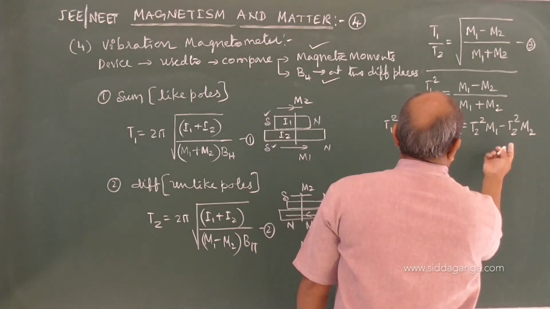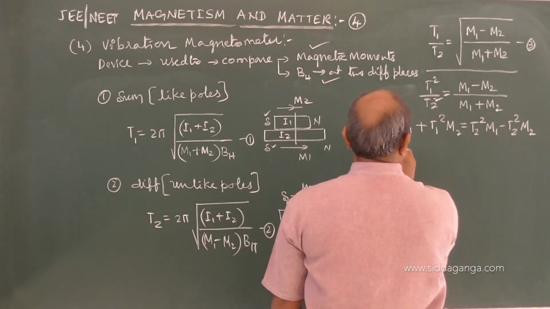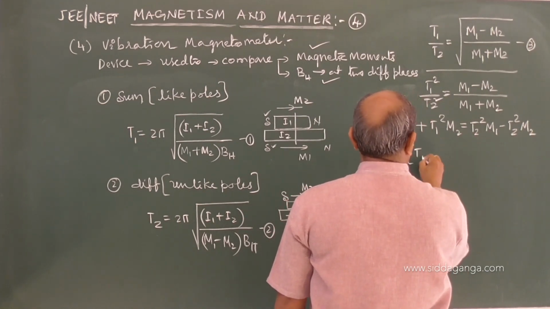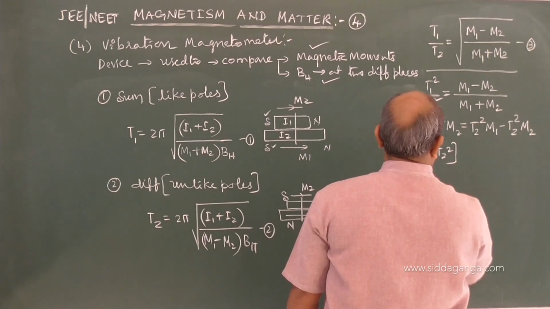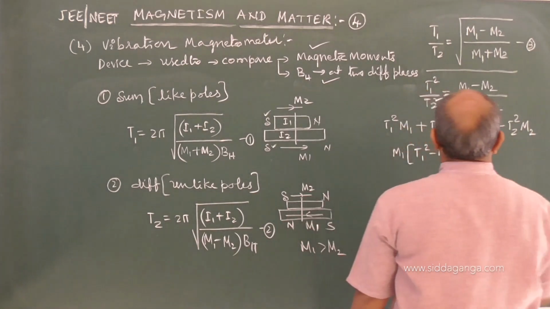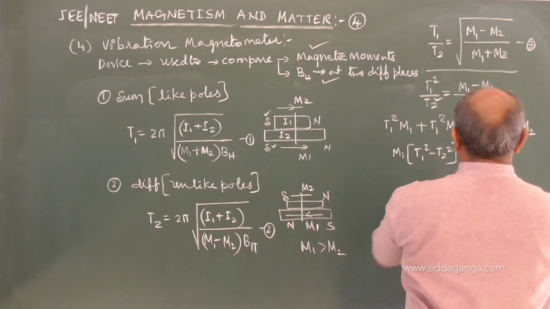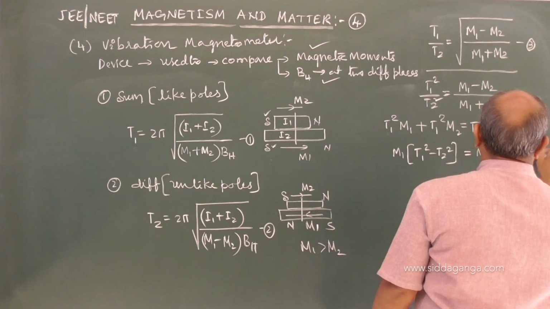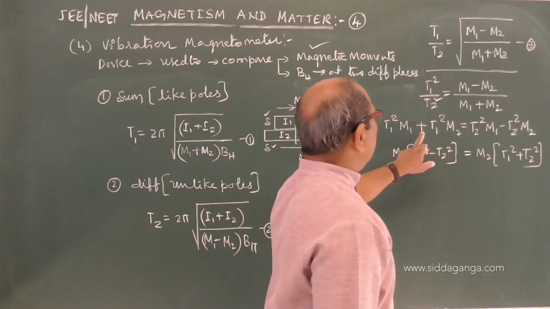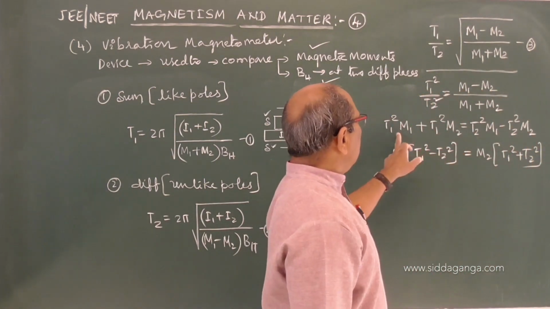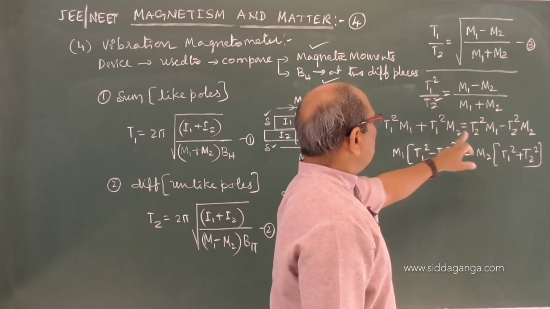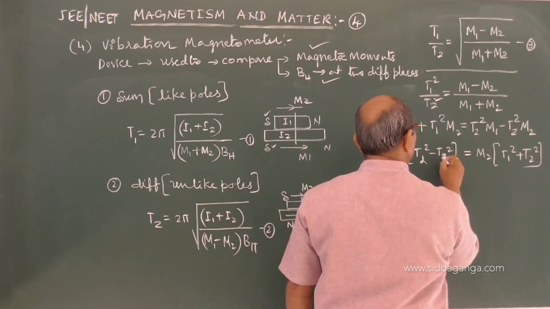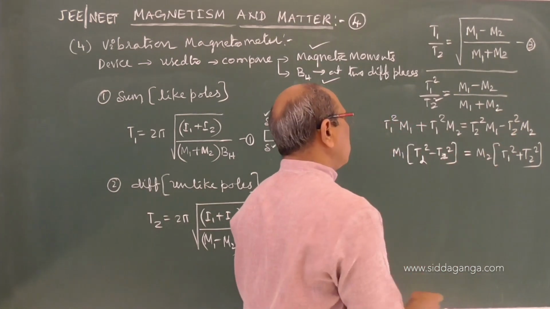So we can take terms to the other side. M1 into (T1 square minus T2 square) is equal to, if I bring the other terms across, M2 into (T1 square plus T2 square), which is M2 into (T2 square minus T1 square) with the sign changed.